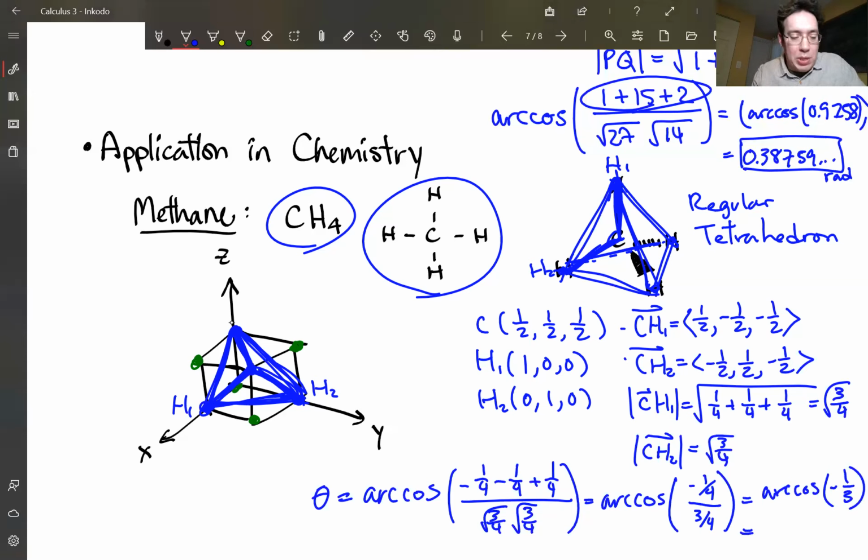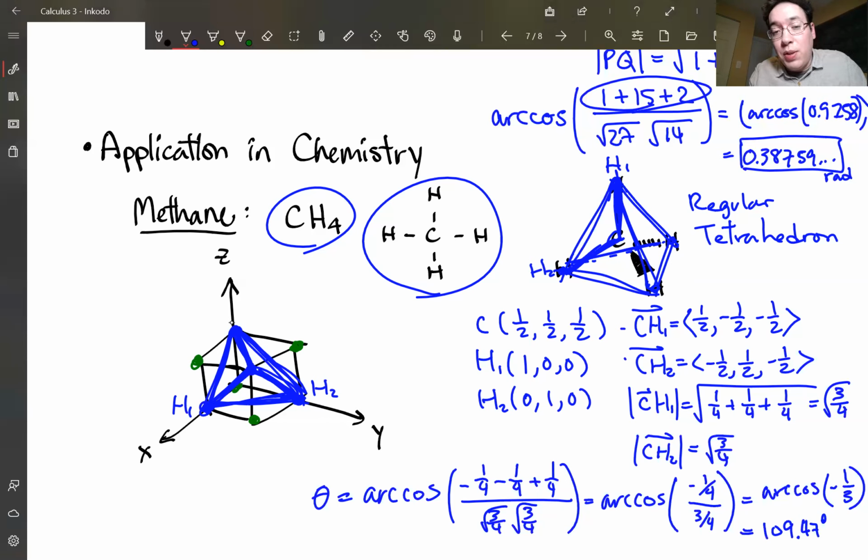And this time I'm going to compute it in degrees because I think a lot of chemists prefer degrees over radians. And it's a negative 1/3, so it's going to be an obtuse angle, larger than 90 degrees. And in fact, it's 109.471 and so on degrees.